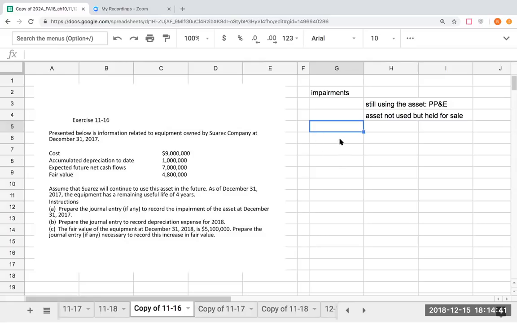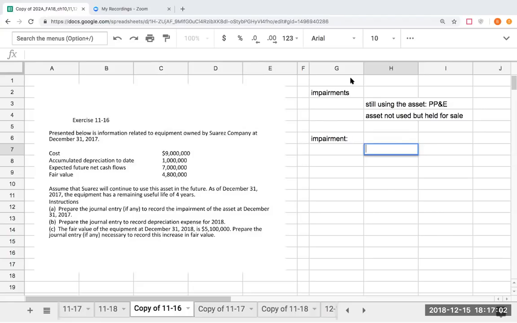So the first thing we need to do when judging an impairment is compare our expected net future cash flows against the net book value of the equipment. If the net future cash flows are below the book value of the equipment, then we're going to have an impairment.